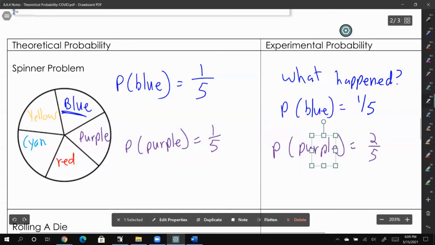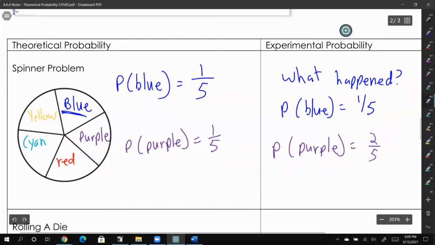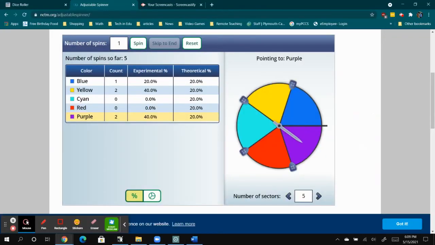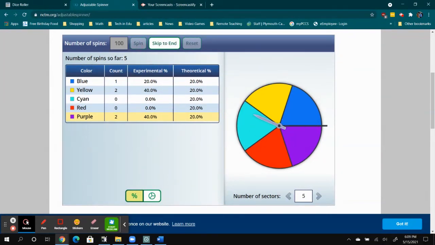So again, theoretical and experimental probability could be different. Now, if we were to spin this, let's say 100 times, our experimental and theoretical probability should get close. So yeah, it's going to keep spinning 100 times, and we'll check back on this after the next problem.